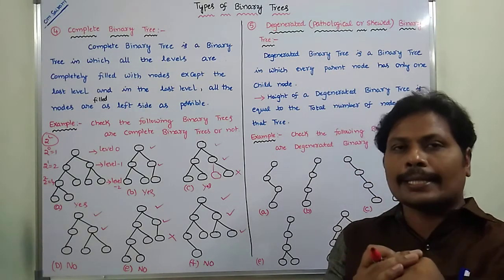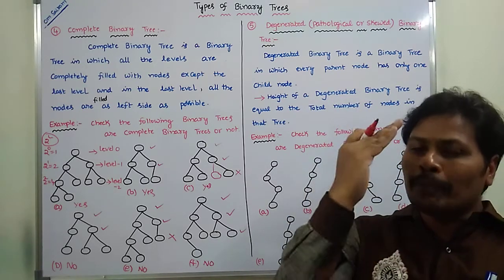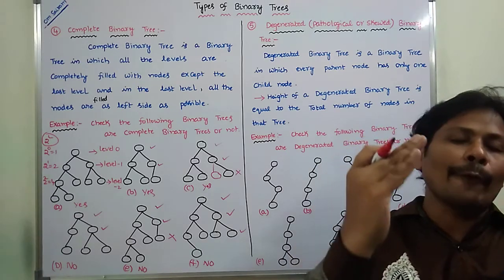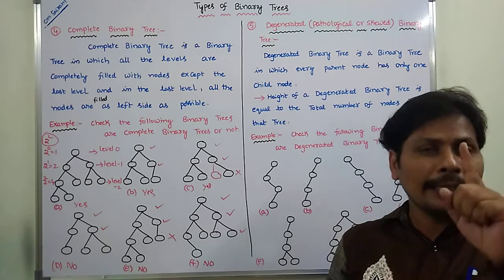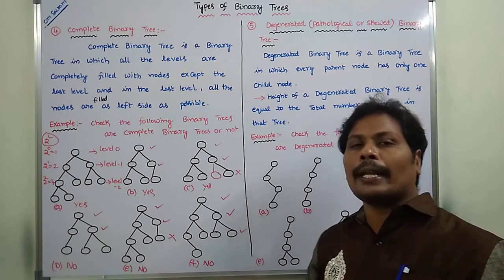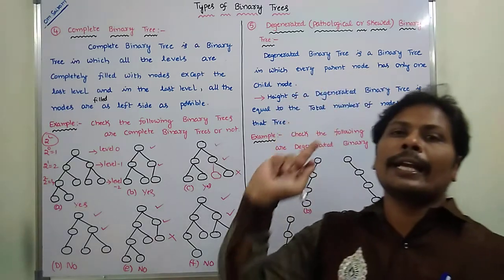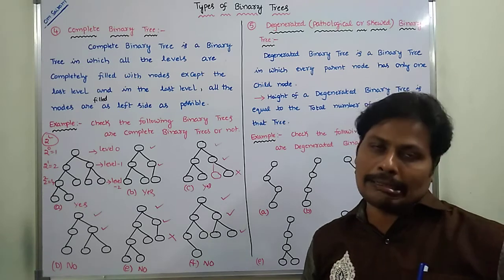Suppose one node is there. For that node, we have the parent. That parent node can contain only one child, either left child or right child, but only a single child. That type of tree is called a degenerated or pathological or skewed binary tree.